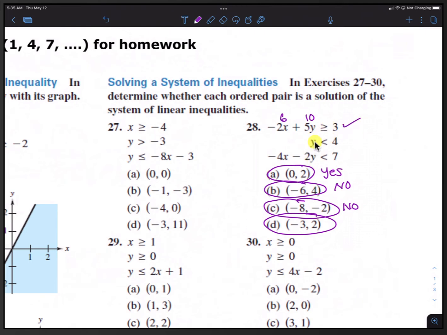The y is 2, and 2 is less than 4, so it's a yes for that one. And negative 4 times negative 3 is positive 12. Negative 2 times 2 is negative 4. And 12 minus 4 is 8, which is not less than 7. So it does not work for the third one, and therefore this would be a no. All right, so the only yes was point A.